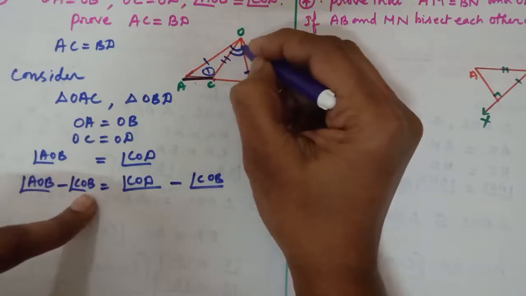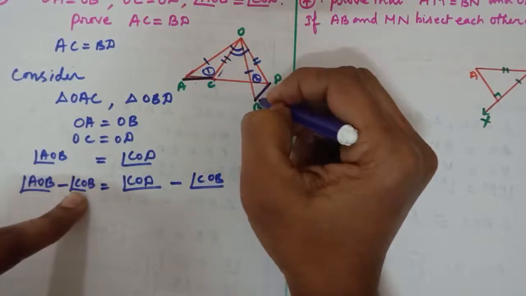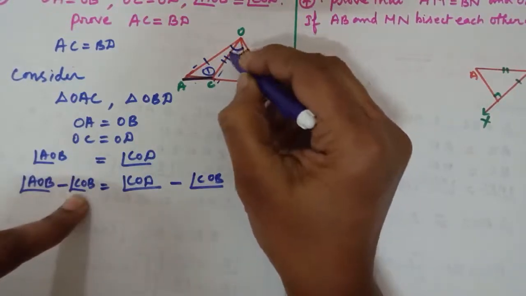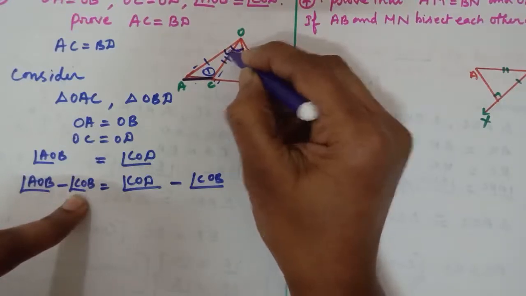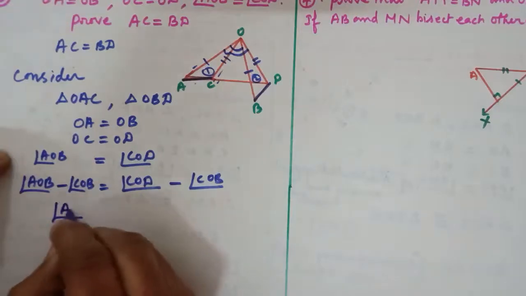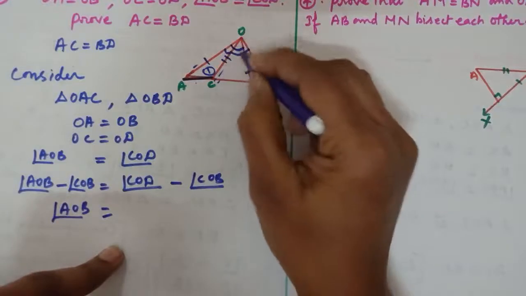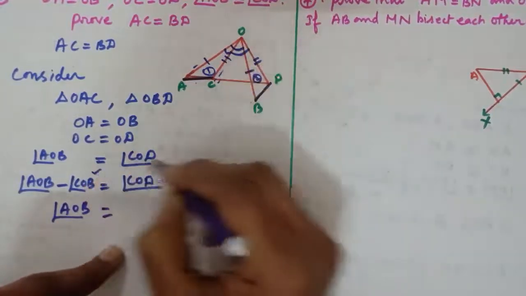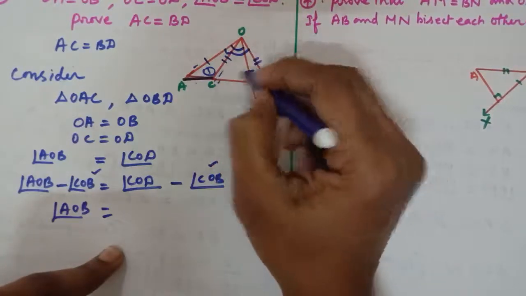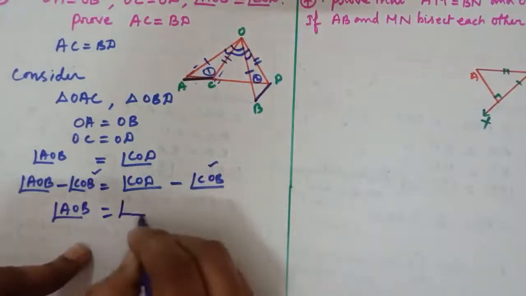So here I have written AOB minus COB. If AOB minus COB, then we can get this angle, that means angle AOC. Is it clear? So here COD minus COB, because this COB and this COB both are equal. So COD minus COB, then we can get this angle. What is that? Angle BOD.